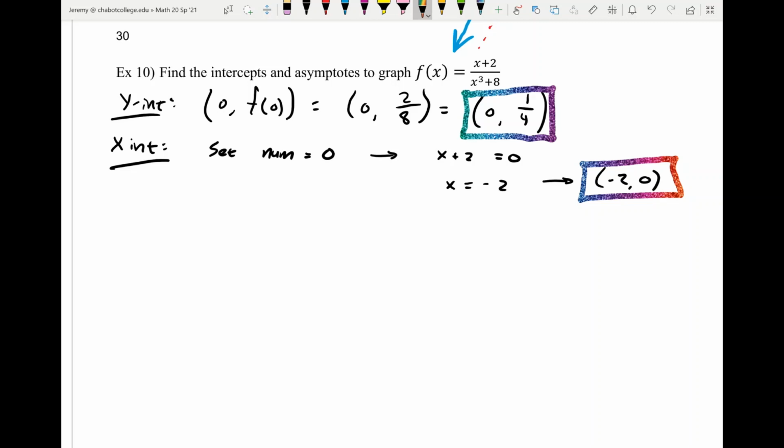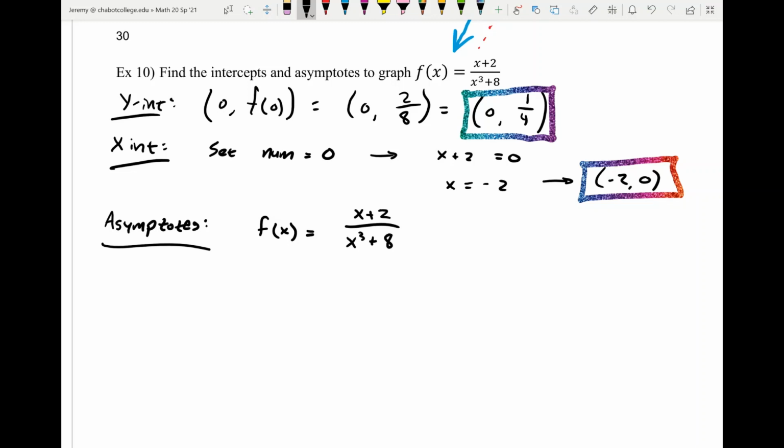Okay, cool. So now I want to talk about, sorry, not intercepts. Asymptotes is where we're headed here. And so asymptotes. Our function here is equal to x plus 2 over x cubed plus 8.